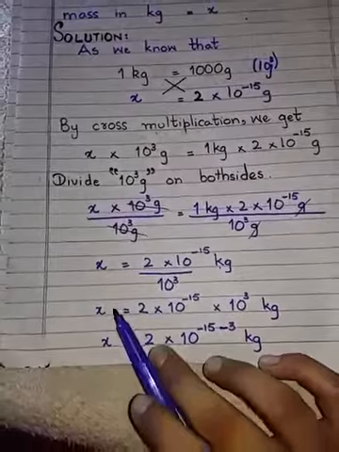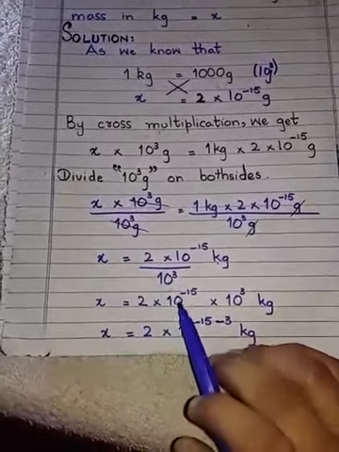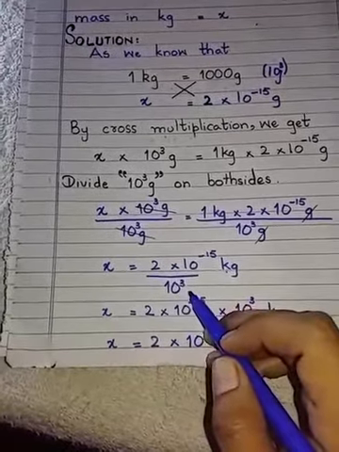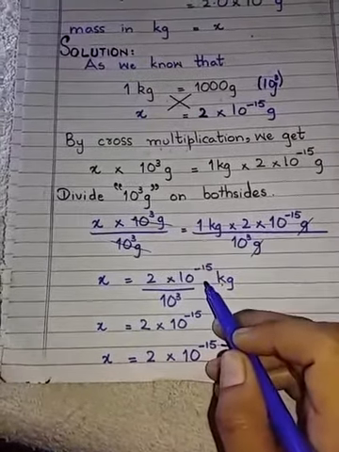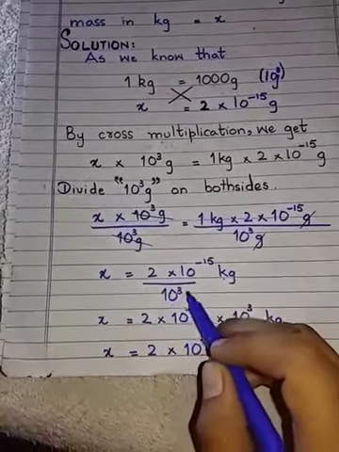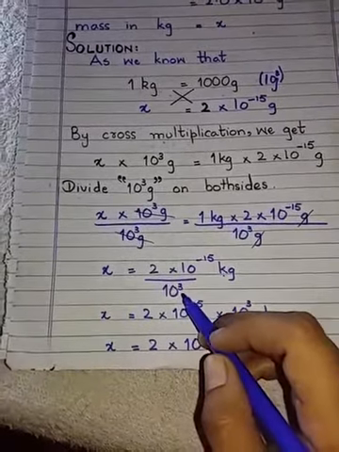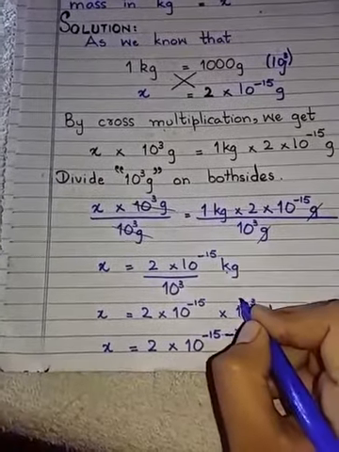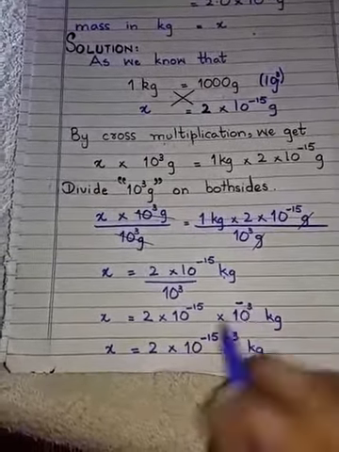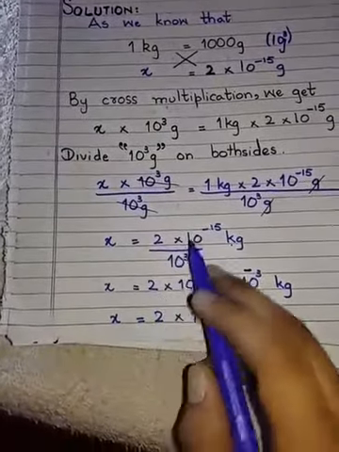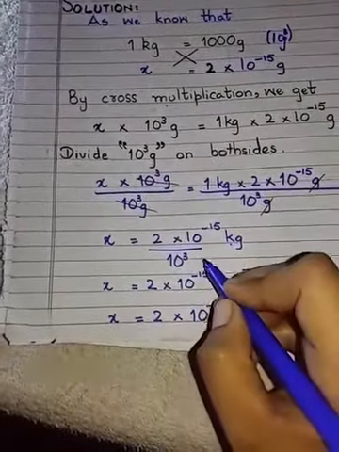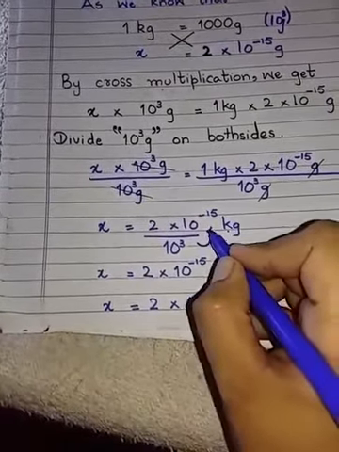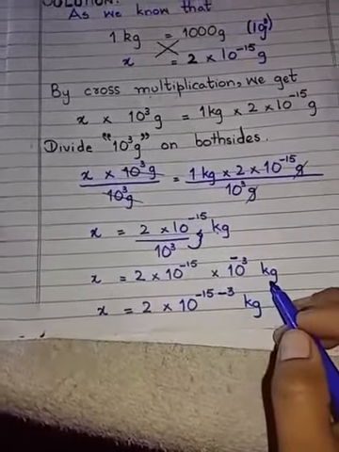Now x is equal to 2 into 10 raised to power minus 15, and when we move the denominator toward the numerator, the power of 10 becomes negative. So x is equal to 2 into 10 raised to power minus 15 into 10 raised to power minus 3 kg.